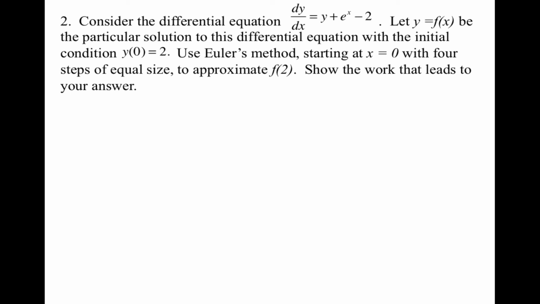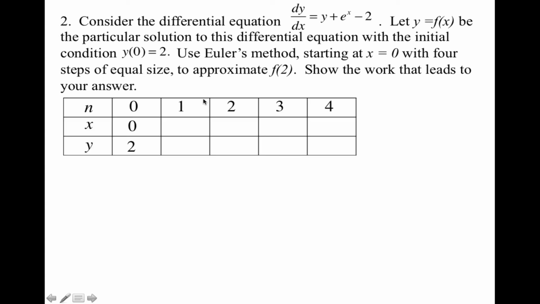All right, let's see how we did. All right, so in this example, we want to approximate f of 2 starting at x equals 0 with 4 step sizes of equal size. So that means I'm going to have to start at 0 in order to go to 2 with 4 steps.